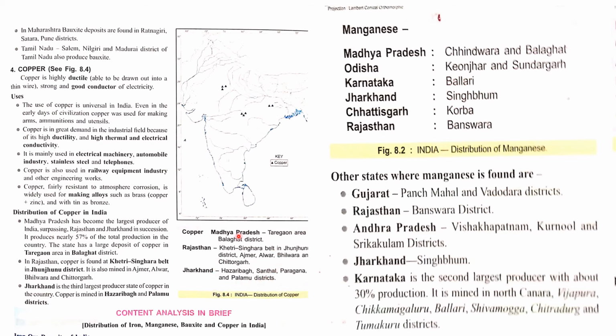I think there is a repetition with Madhya Pradesh and Rajasthan over here. Manganese again, the other districts are written over here. You have to learn these other states where manganese is found. Gujarat, Panchmahal, I think we have discussed this.